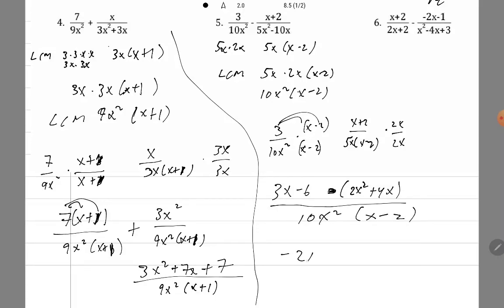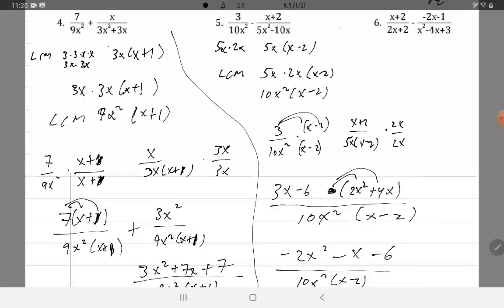So we're going to get negative 2x squared minus x minus 6, because this negative sign gets distributed to both, over 10x squared, x minus 2.